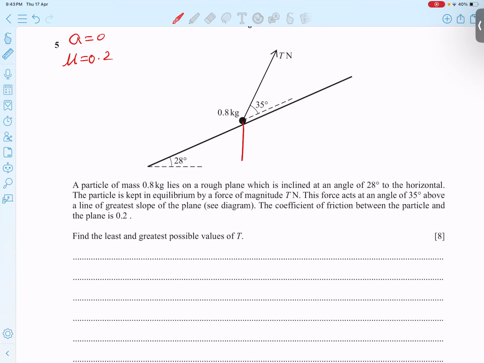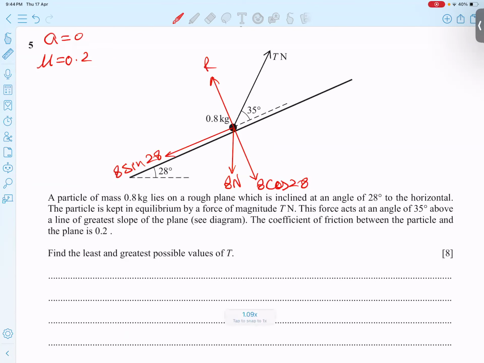This is obviously into 10. I got 8 newtons. And what about this, students? This is 8 sine 28. And what about this R? This R is there. So this is 100% clear. Upwards R.